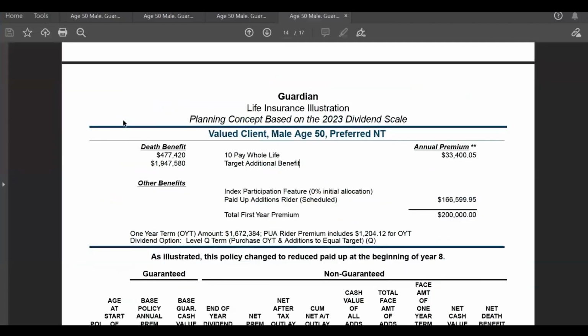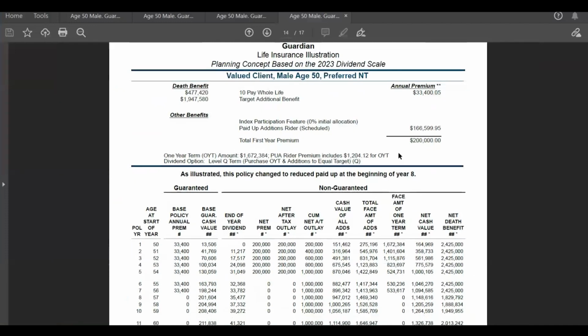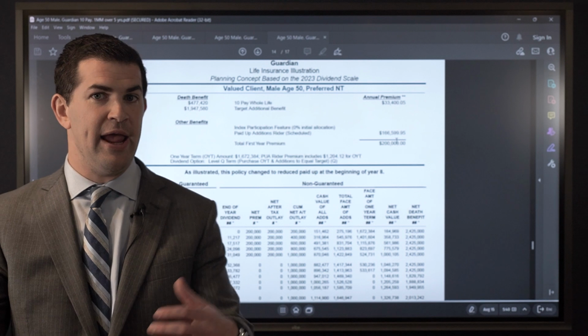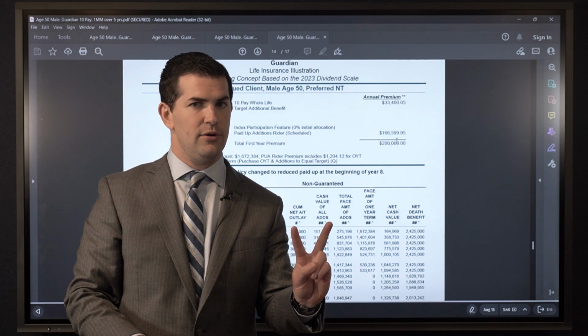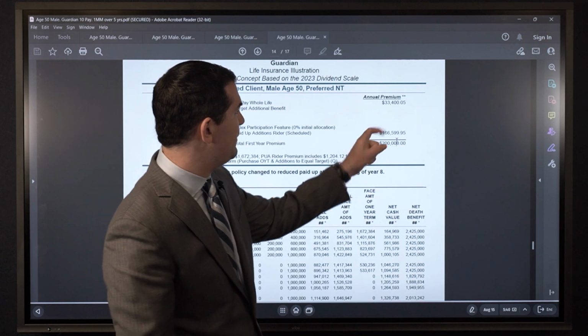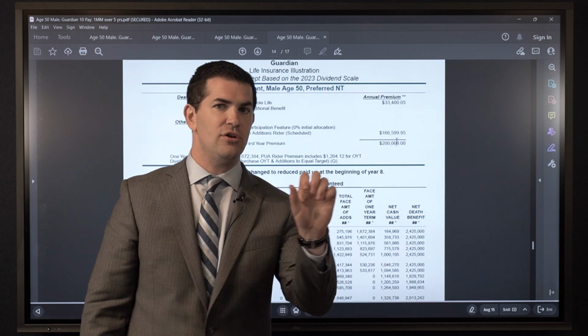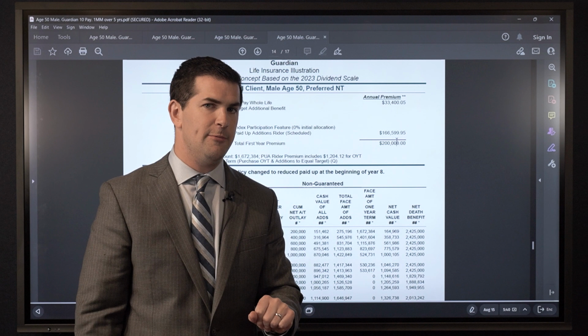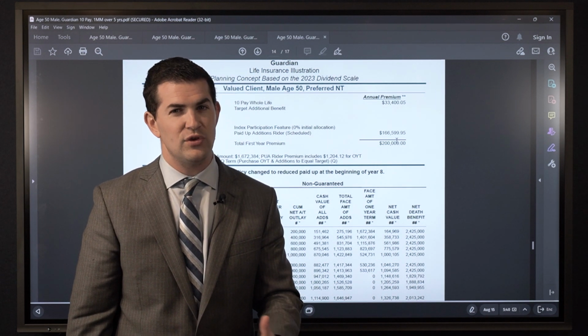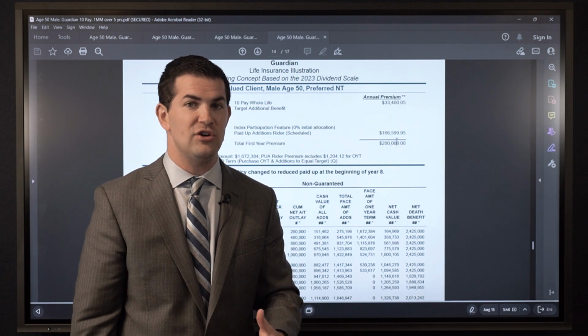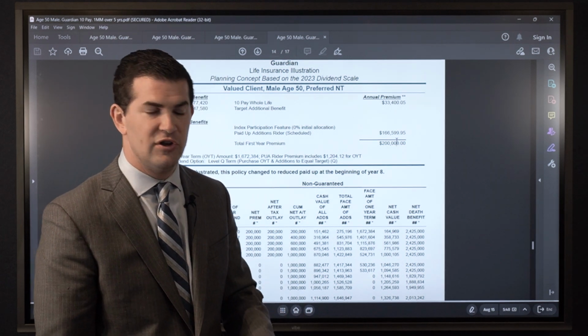But what you'll notice here is the premium is higher, with the exception of the 1st year, where we can illustrate 50x the base premium. Beginning the 2nd year, the most we can illustrate going into PUAs is an additional 5x the base premium in PUAs. So what a 10-pay product often does is force a little bit higher base premium, or much higher than another product in Guardian's portfolio.